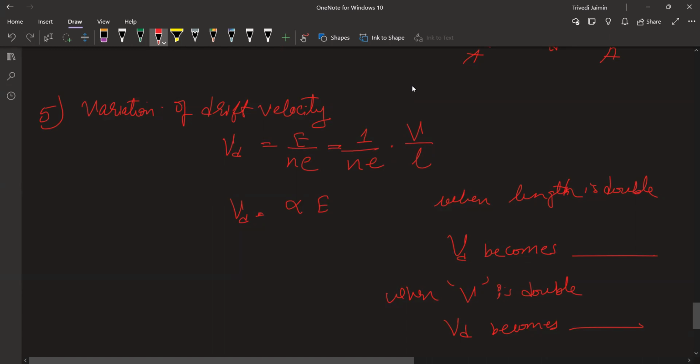What does it mean when length increased, what will happen to drift velocity? Come on, see the formula. So it decreased by 2 times. Yes, it becomes half.